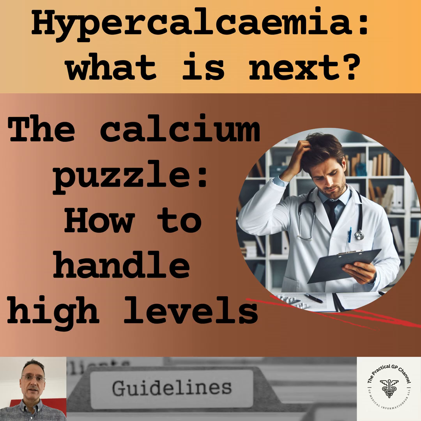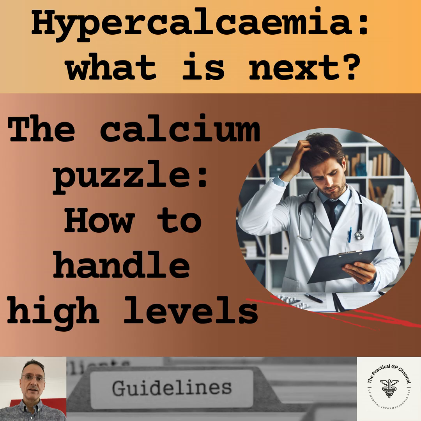What initial investigation should we consider in primary care for a patient with a high corrected calcium? And I'm obviously referring to mild hypercalcemia, given that the more severe cases we will be referring to secondary care for immediate management.